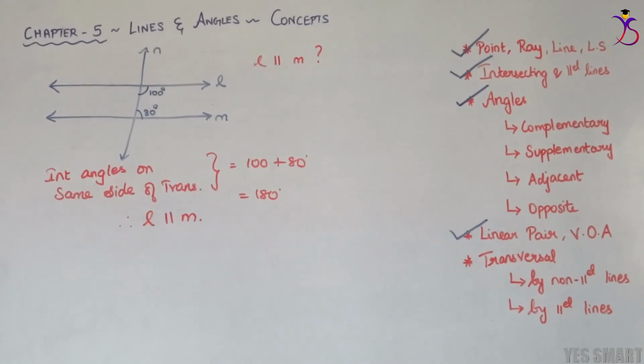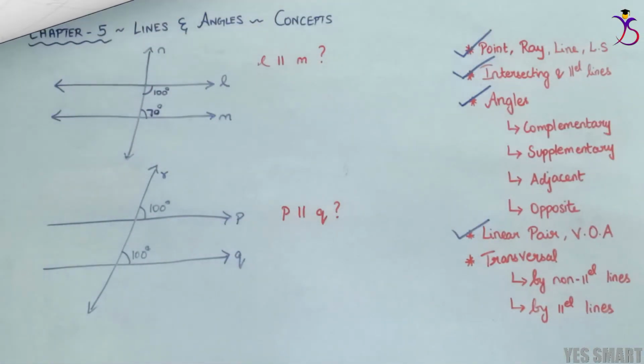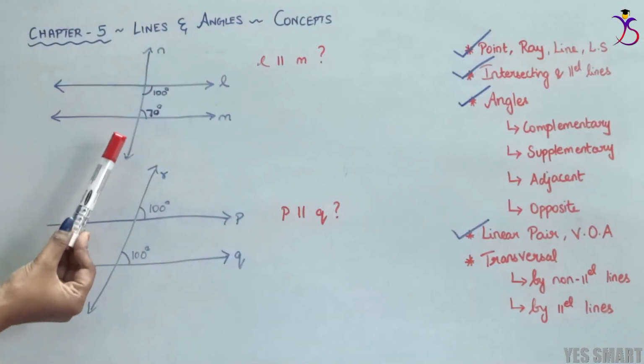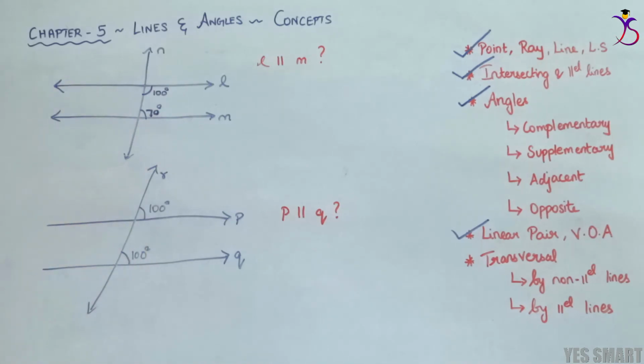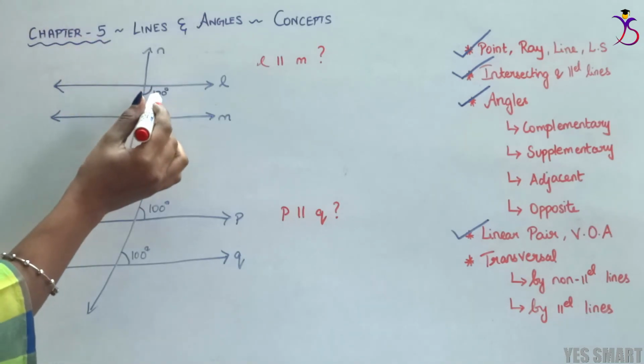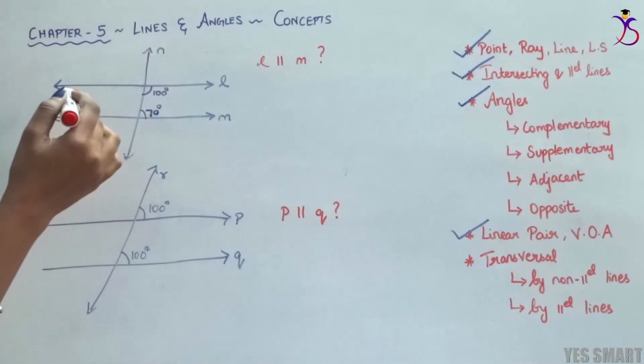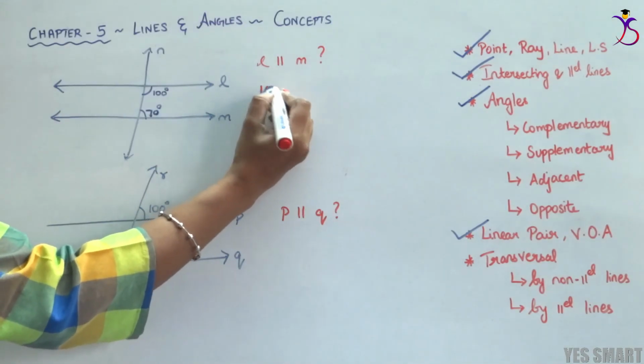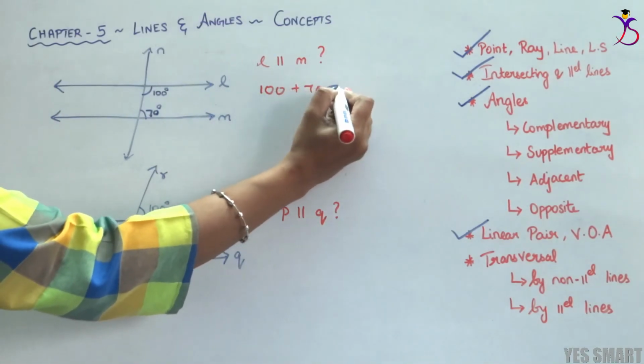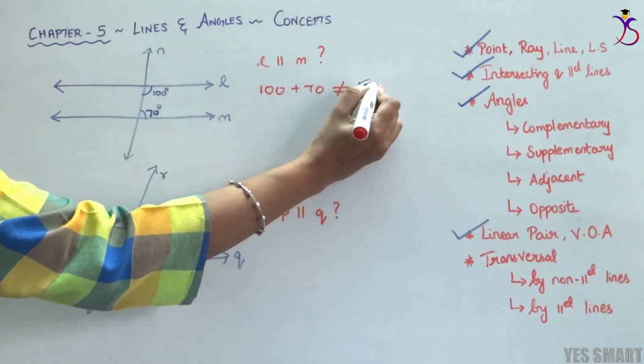The properties are only for the transversal which cuts the parallel lines. Now let's look into the other example. Same case, here they have given the angles as 100 degrees and 70 degrees and are asking whether line L is parallel to line M. So let's check whether the co-interior angles are supplementary. 100 plus 70 degrees is equal to 170. That is, it is not equal to 180.